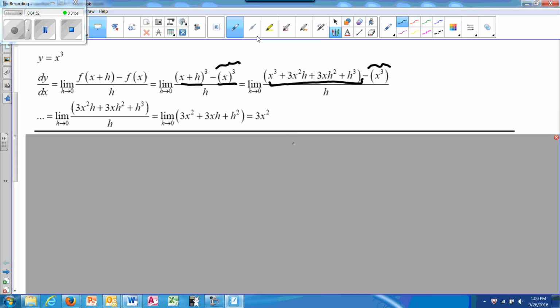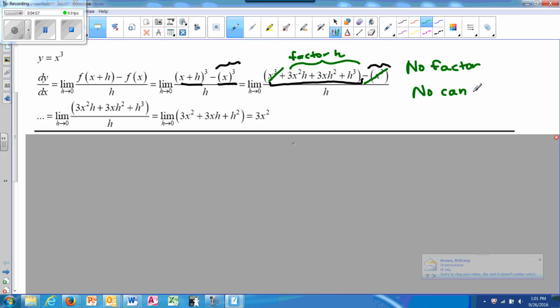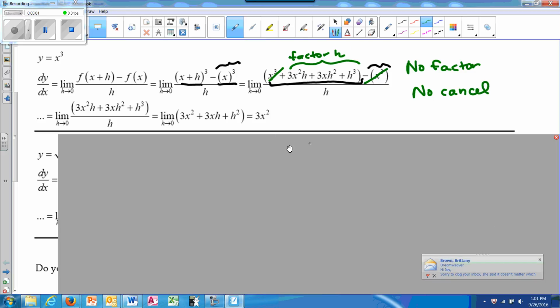Now similarly to before, we're going to cancel the common terms. So the x cubed minus x cubed. Now we can factor an h out of every term in order to cancel. One thing really important to remember is if you don't factor, then you don't cancel.